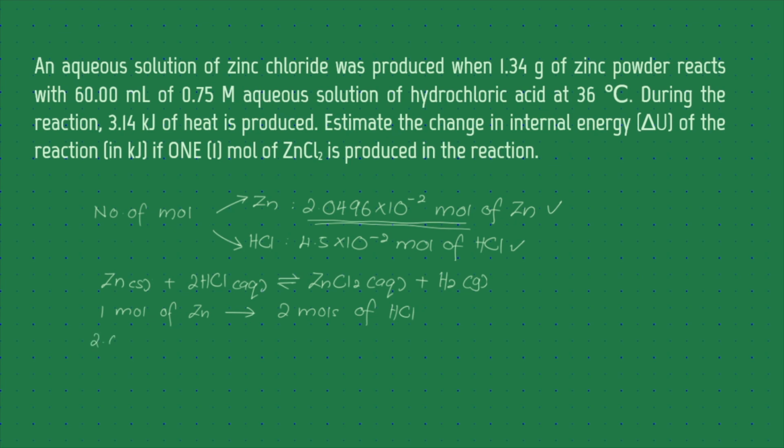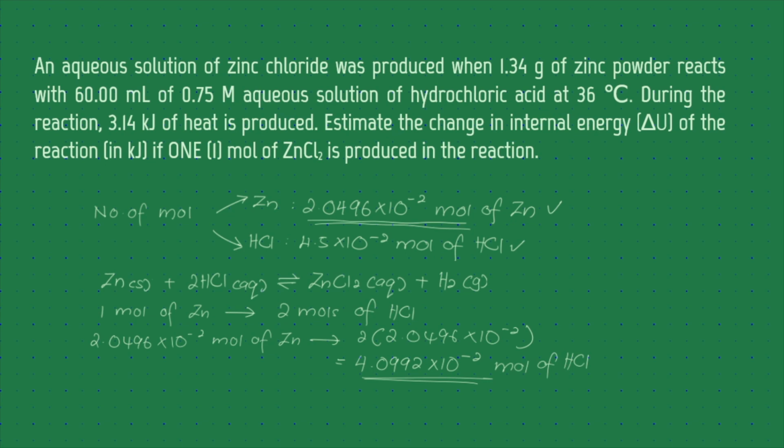So we have 2.0496 times 10 to the power of negative 2 mole of zinc. Supposedly it needed 2 times 2.0496 times 10 to the power of negative 2. Therefore, we should get 4.0992 times 10 to the power of negative 2 mole of HCl. So this is how much HCl is needed for the reaction with this much zinc.